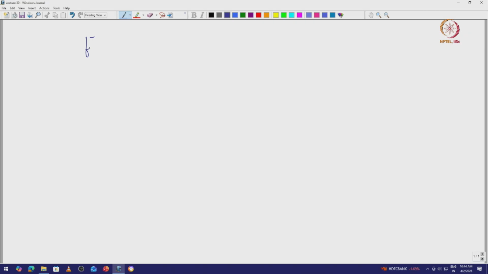So recall, what we are trying to show here is that f inverse, which is from f(U) to U, where this is open, is C1.